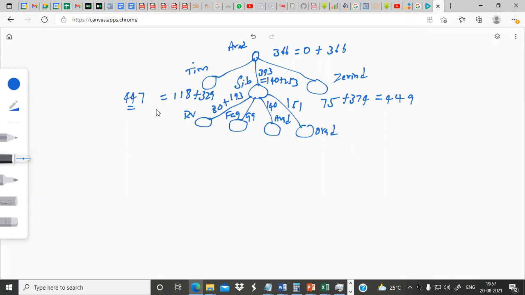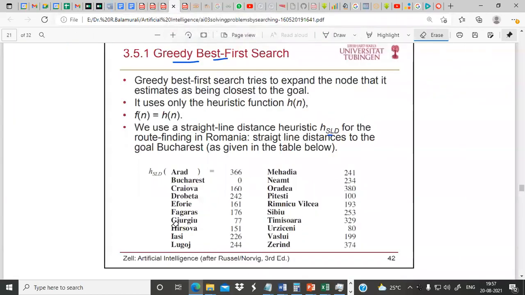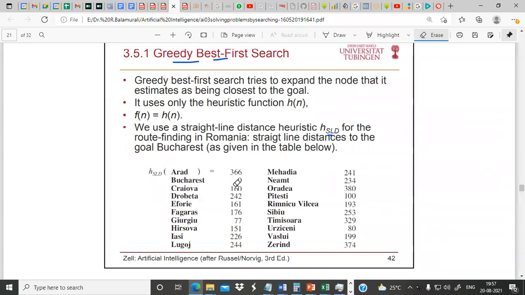And from Fagares, what is the estimated cost of reaching Bucharest? Yeah, 176. So it is 99 plus 176. Okay. And from Arad, what is the estimated cost? So Arad estimated cost is 366. Right? It is 366.